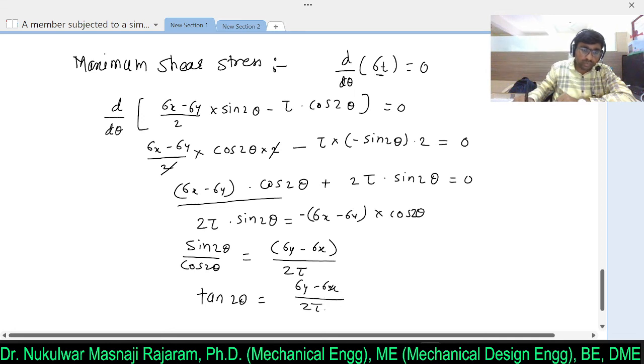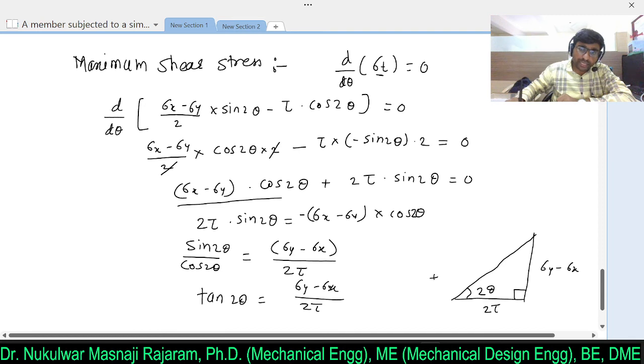Similarly, what I want is the sine 2 theta and cos 2 theta values. So I can draw a triangle from tan 2 theta. If I consider this is the angle 2 theta and this is a right angle, then the opposite side is sigma y minus sigma x, and this side will become 2 tau. So what will be the diagonal?